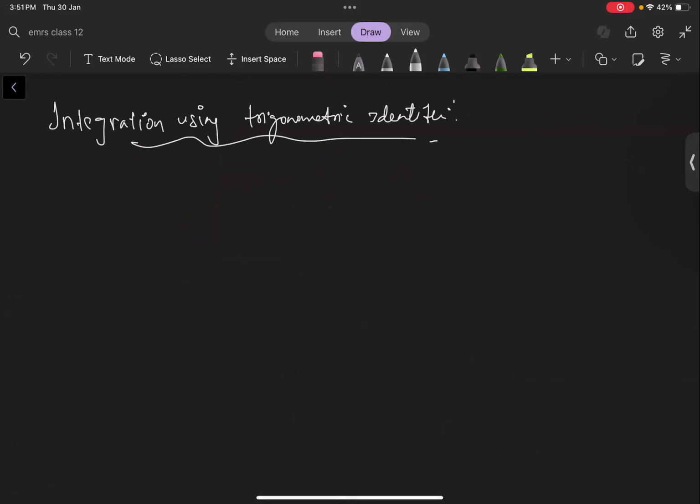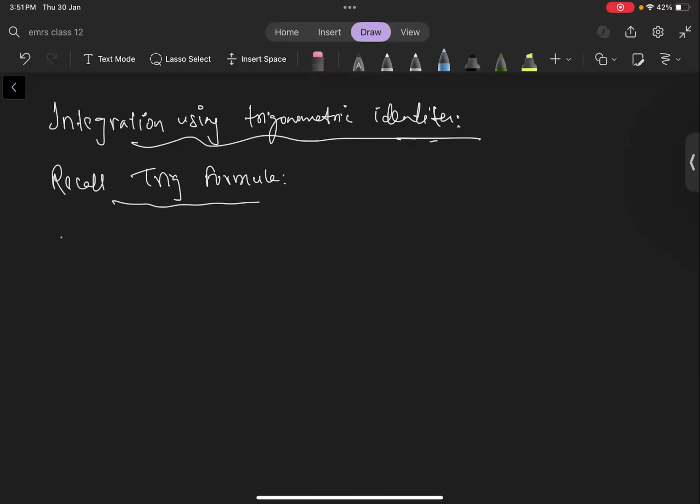Now here, in order to use a trigonometric identity, you should be well aware of all the formulas which you have learned in your 11th standard, at least the important ones. So I will recall the formulas. Recalling trigonometric formulas. If anyone might have forgotten, I can rewrite whichever important formulas we will be using here. Let me write it for you.